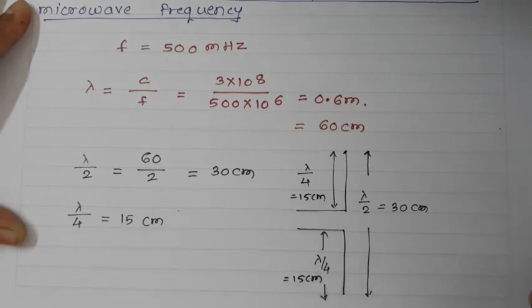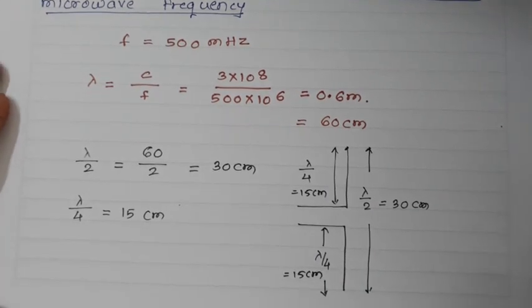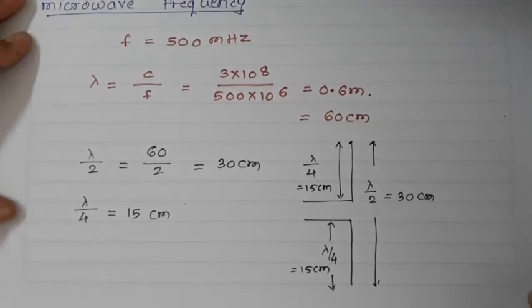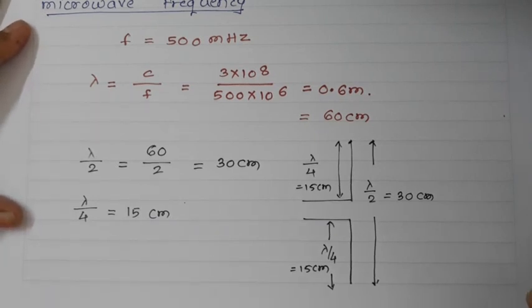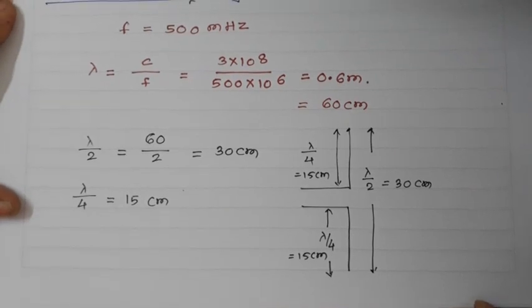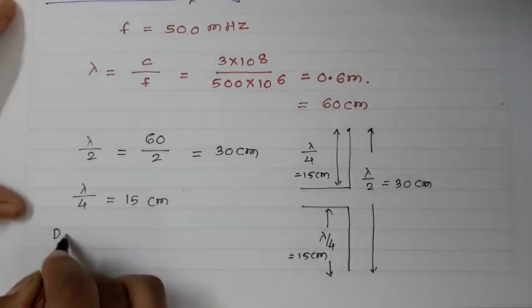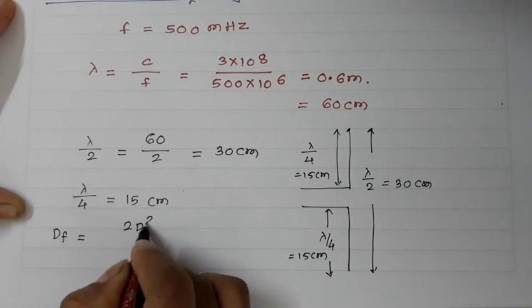Now let us calculate the Fraunhofer distance for this particular antenna. When I talk about the far field region, my receiver antenna must always be in the far field region. To understand the far field region, I need the Fraunhofer distance, so we'll calculate it first. So df is equal to 2d squared by lambda.